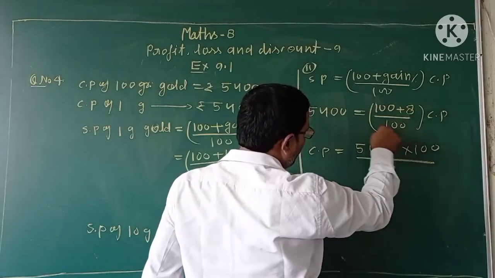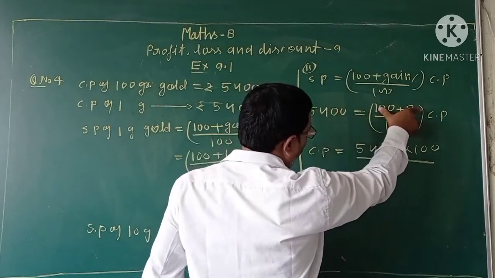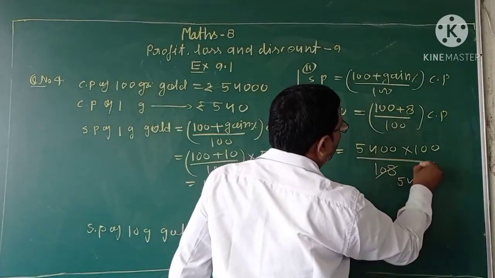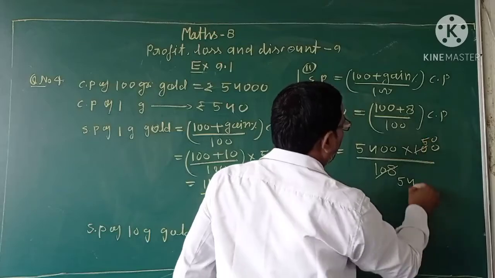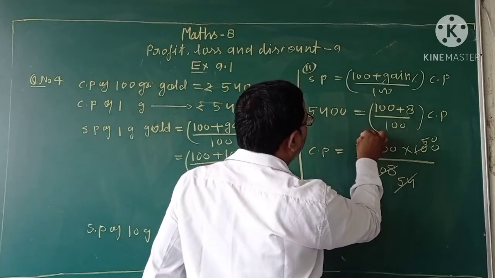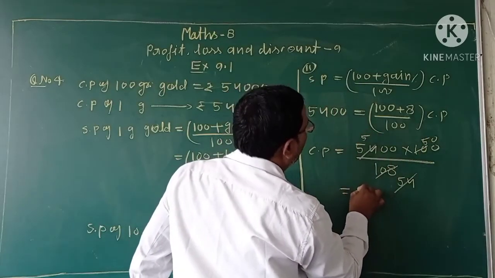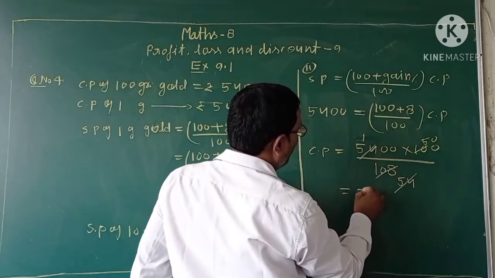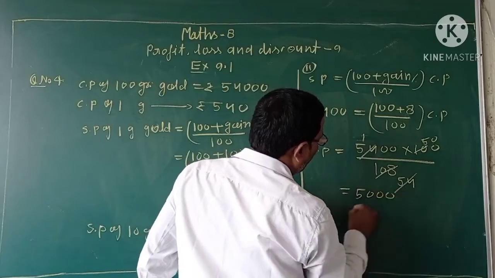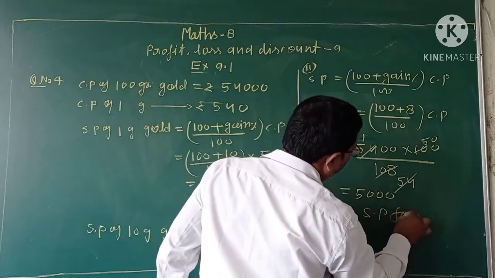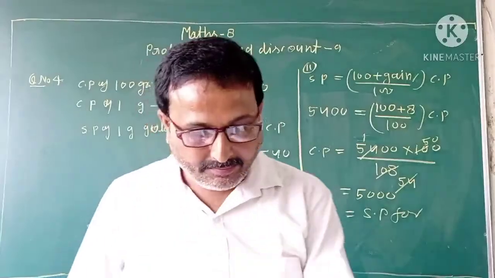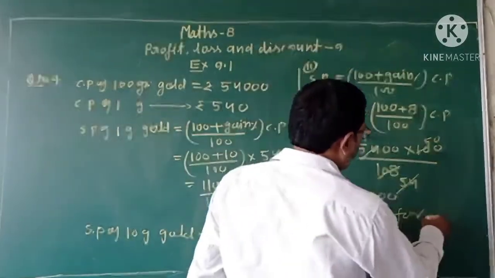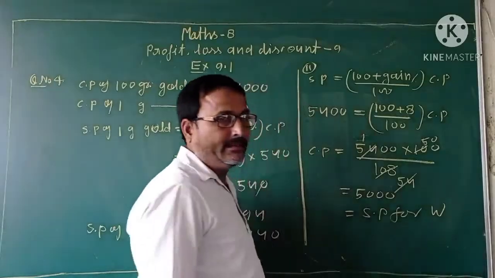This one multiply, this one multiply and this divide. 2 times 54, 50, 1 times, answer will come 1 times 2 0 and 1 0, 5,000. That will be SP for the wholesaler, SP for 10 gram gold for the wholesaler.